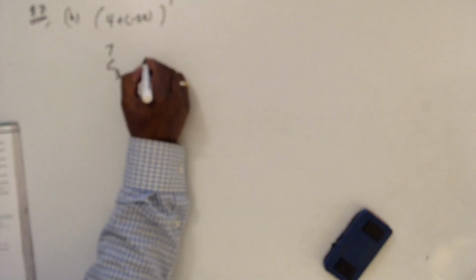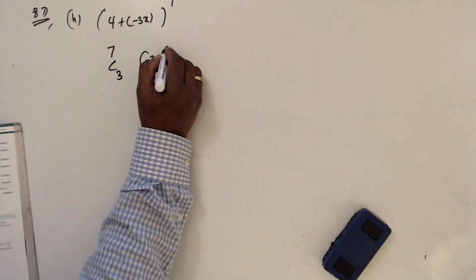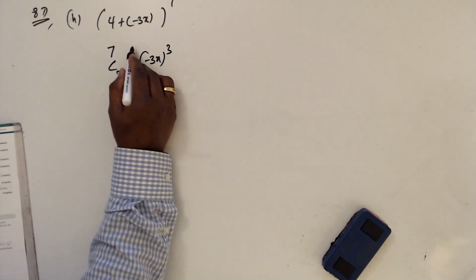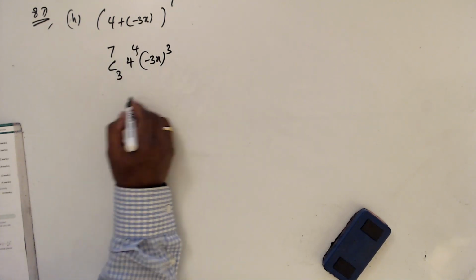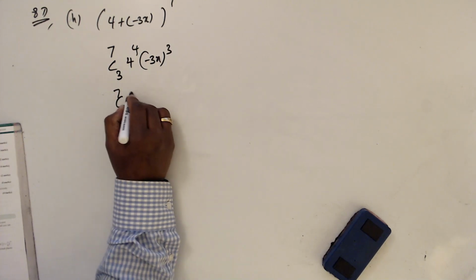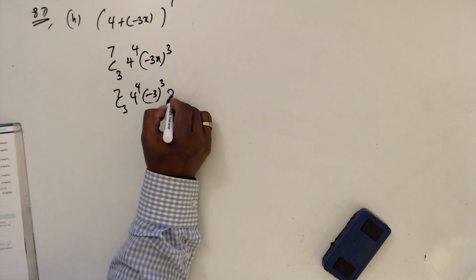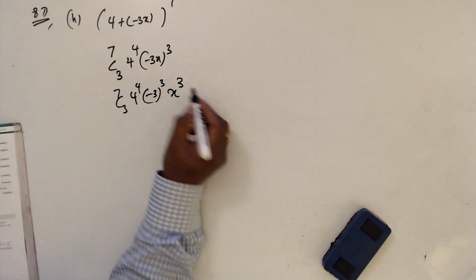7c3, minus 3x cubed and 4 to the 7 minus 3. 7c3, 4 and minus 3 x cubed.